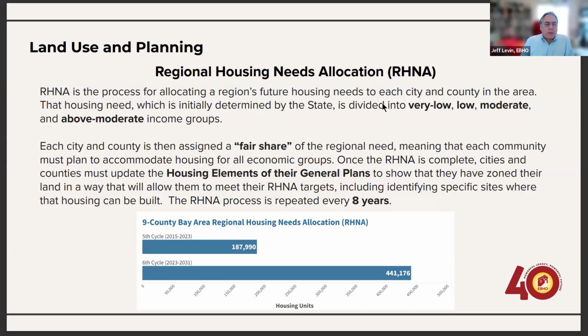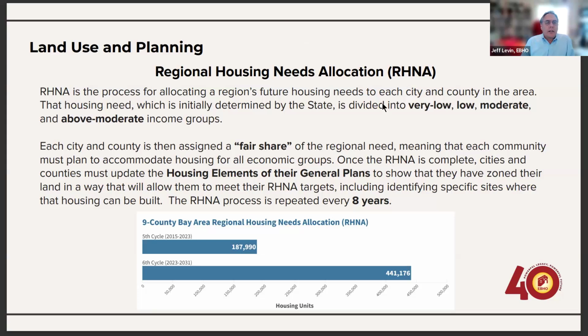There's a whole process by which that is done. And what comes out of that finally is the regional housing needs allocation, which is a list of every jurisdiction and the number of units that they have to plan for, broken out by income groups, which are above moderate income, low income, and very low income.